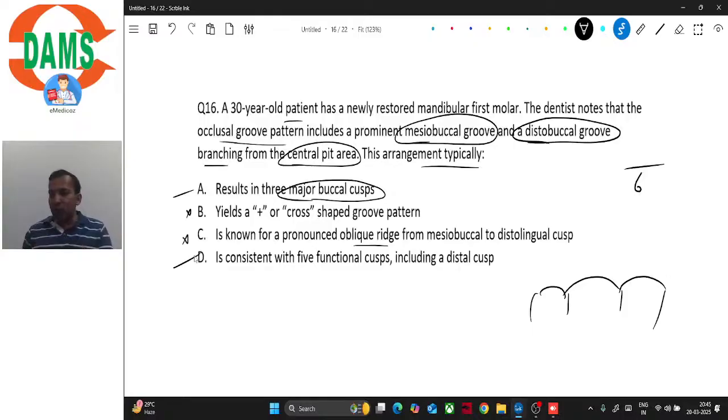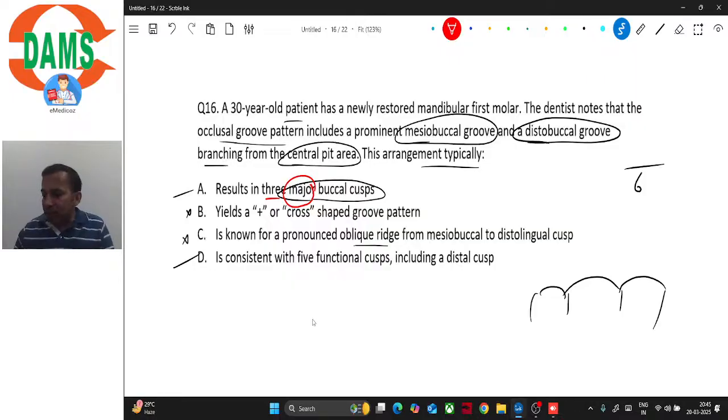So why should we rule out option A, Pankti? Why did you rule out option A, or how did you rule out option A? Because it says 3 major cusps. So the catchword here is major, isn't it? We do have 3 buccal cusps, but only 2 are major cusps.